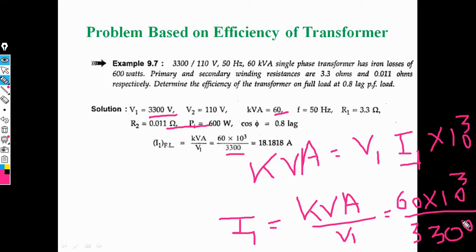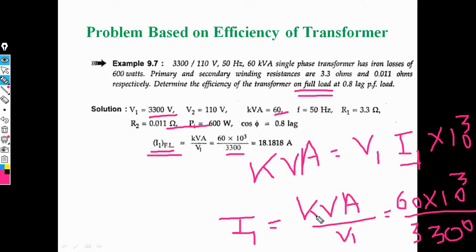Then I1 obtained at full load condition is 18.1818 ampere. Now this is the I1 current we have calculated.